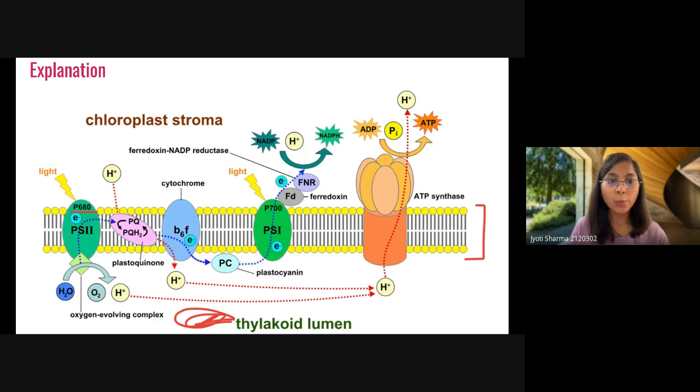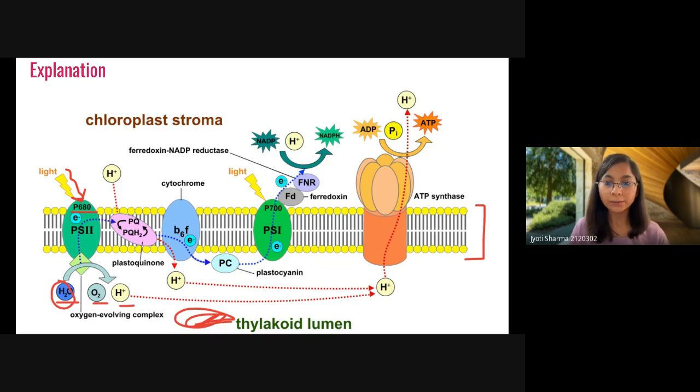Okay, so whenever there is sunlight, it will strike that pigment or molecule, but that particular sunlight should have the wavelength of 680 nanometer. Then what will happen, and we do have water in the chloroplast. So this water will be broken down into O2 and H plus.